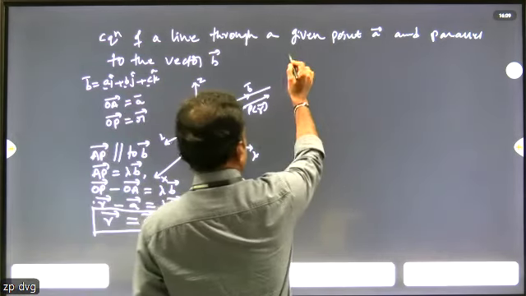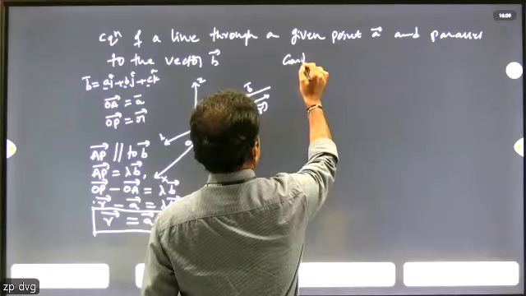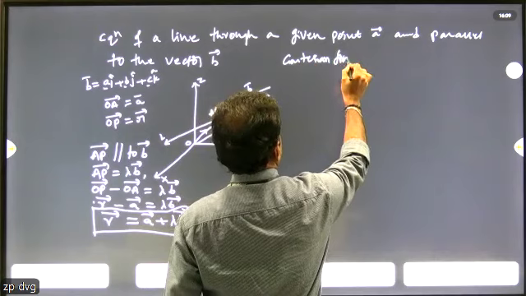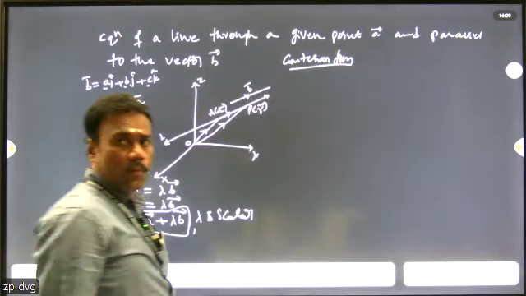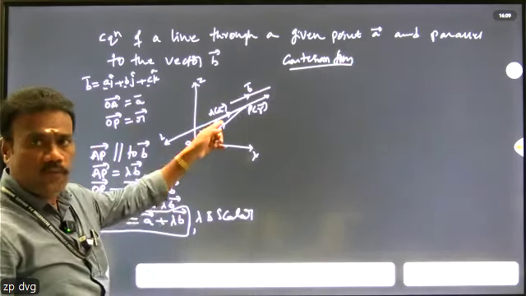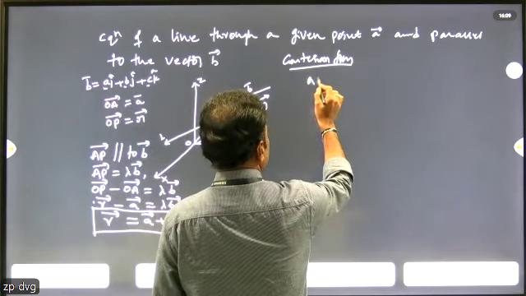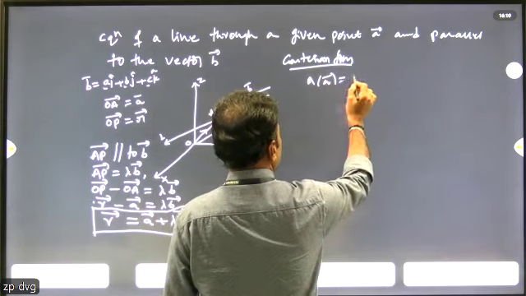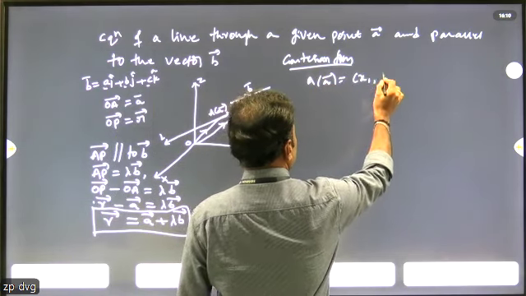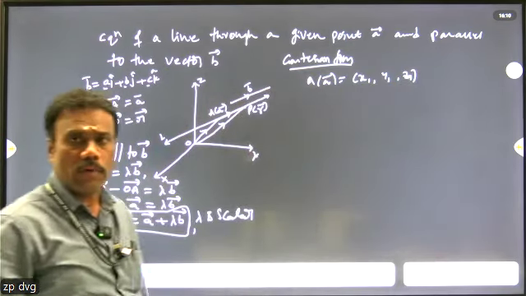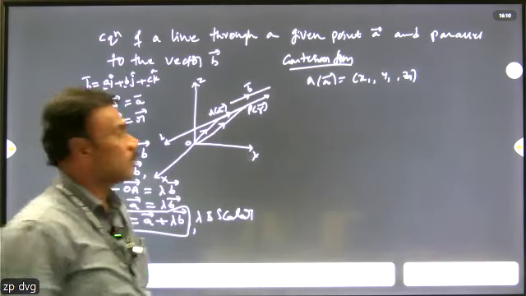In Cartesian form, we can take a point on the line. So I am taking A, the point with position vector A bar, on the line, as (x1, y1, z1) in component form.